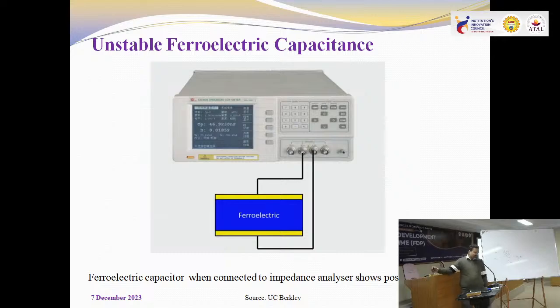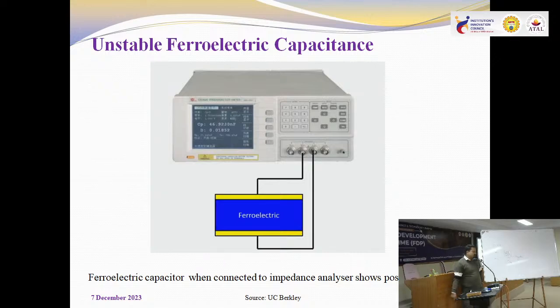Now, just now we have seen that negative capacitance exists in a ferroelectric oxide. So this is one of the setups which I have taken from one of the articles, one of the theses from Berkeley University, I think, UC Berkeley. Now what have they done?